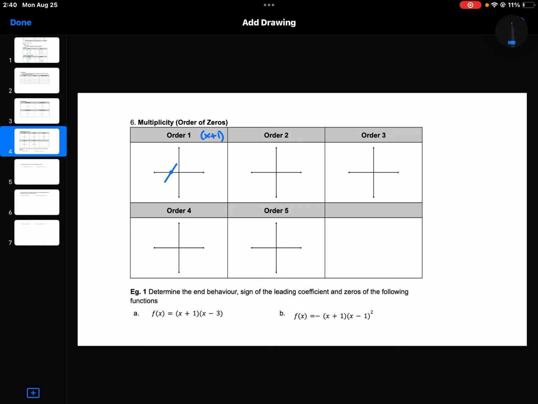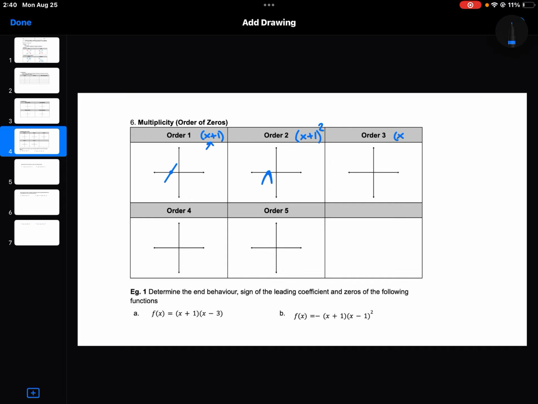It goes straight through at the value of the 0 that's indicated in the factor. A zero with order 2 would be something with an exponent of 2. At that 0, the function is going to behave like a parabola, so it touches the x-axis but doesn't cross.